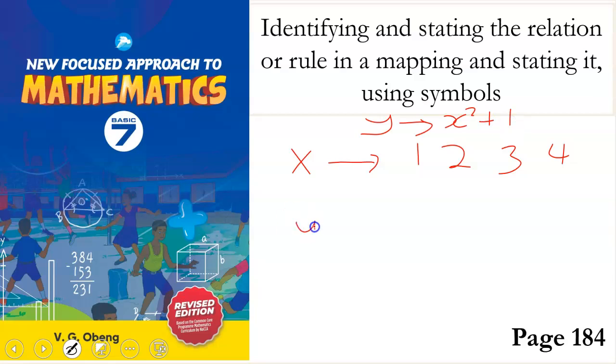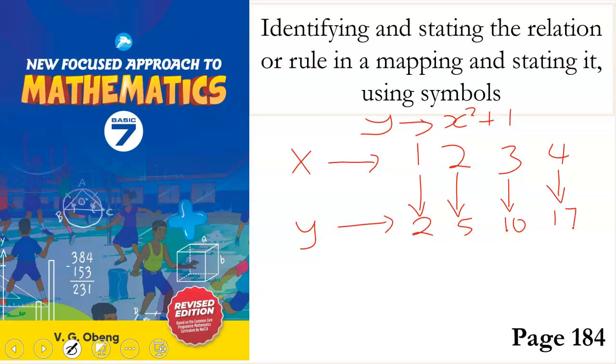In that case, the Y becomes: if I put in 1, I have 1 squared plus 1, which gives me 2. 2 squared plus 1, that is 4 plus 1, 5. 3 squared plus 1, that is 3 times 3, 9 plus 1, which is 10. And then 4 squared, 16, plus 1, which is 17. And so this becomes the mapping.